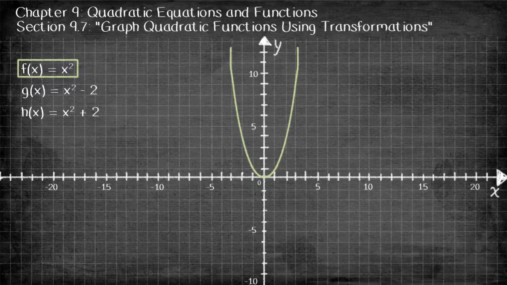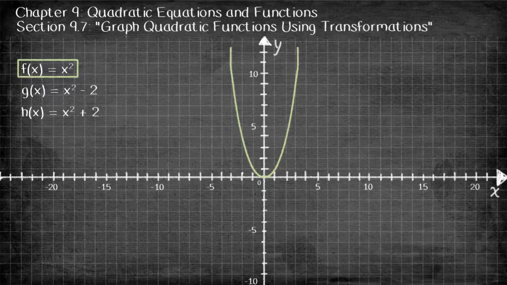Well, it means when you plug in an x value for f of x, you're either going to subtract 2 in the case of g of x, or you're going to add 2 in the case of h of x. And remember that plugging in an x value gives you a y value.